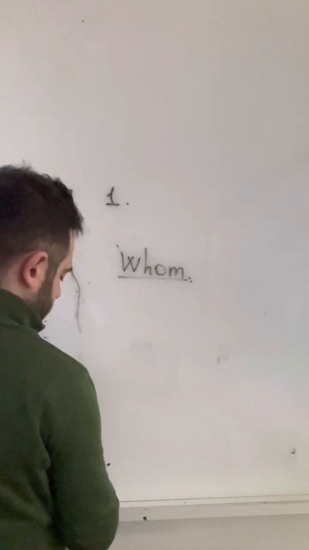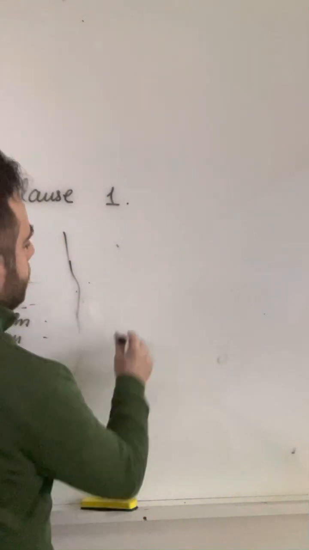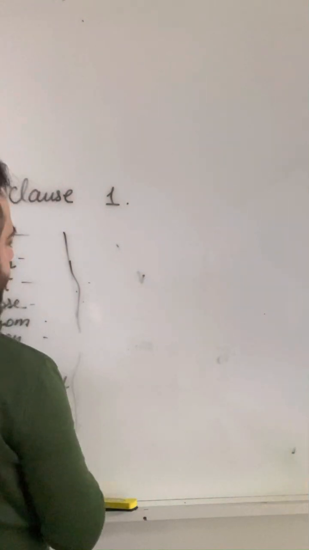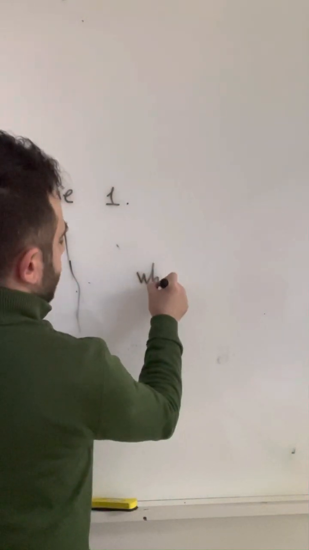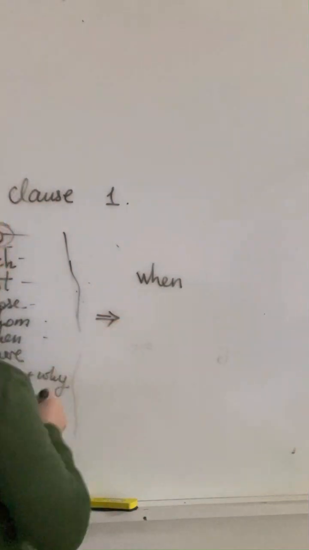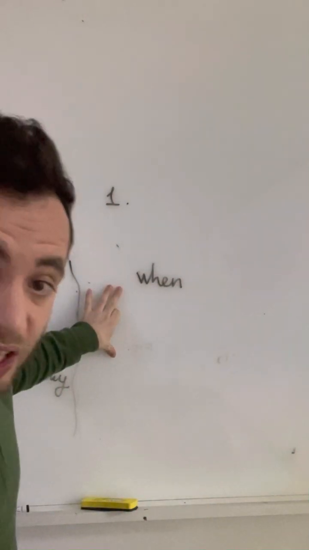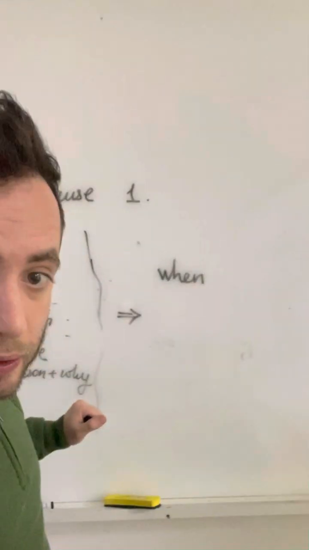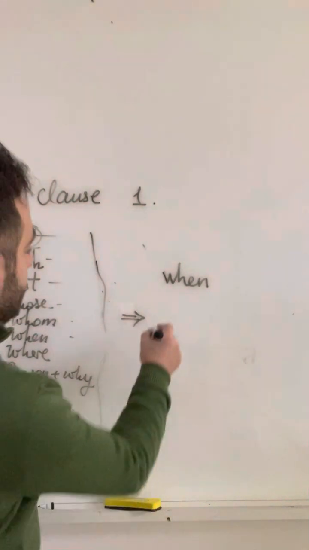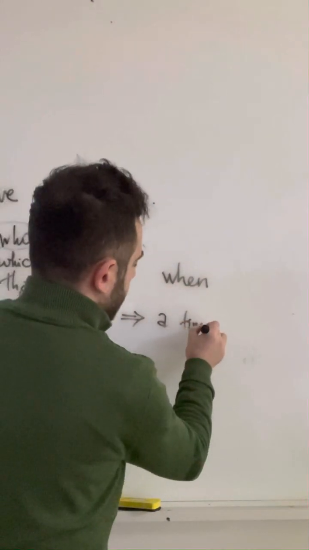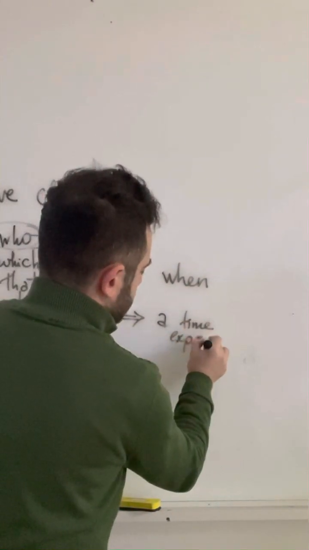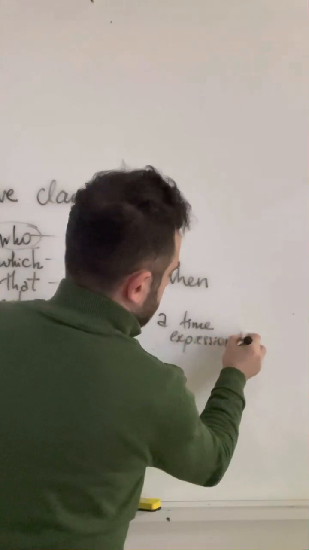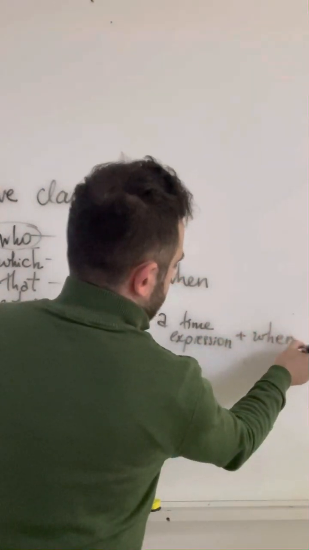When. Let's write when. When is so simple because you know that you need to use a time clause. So when you use when as a relative clause, that's not a subordinate clause. Here you need a time expression plus when. This is the structure.